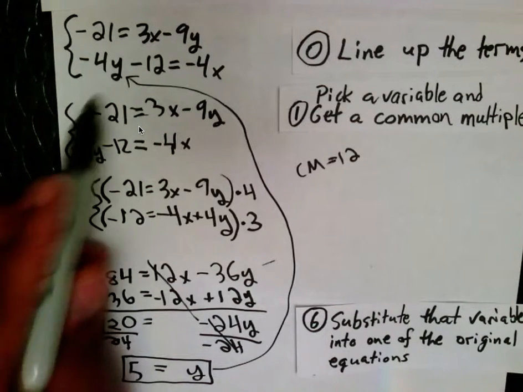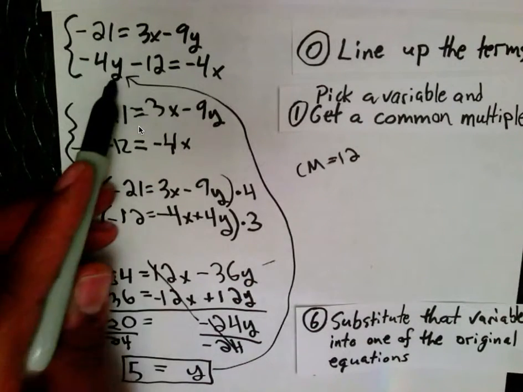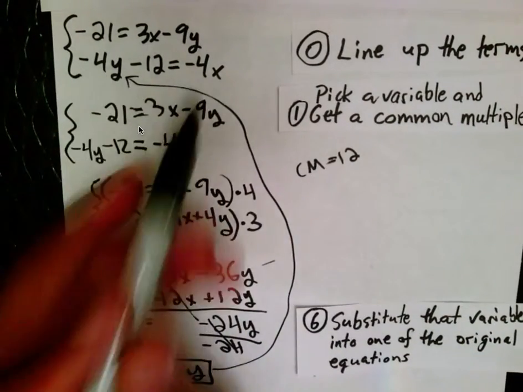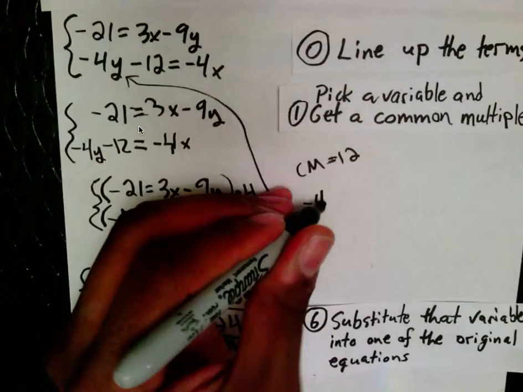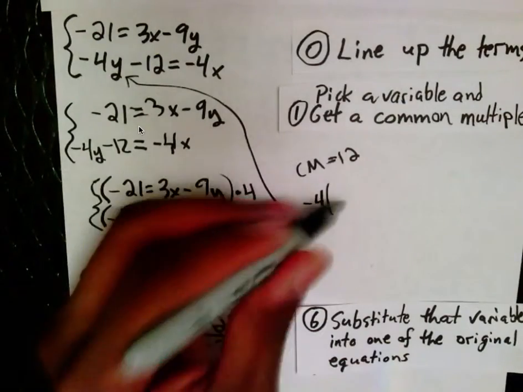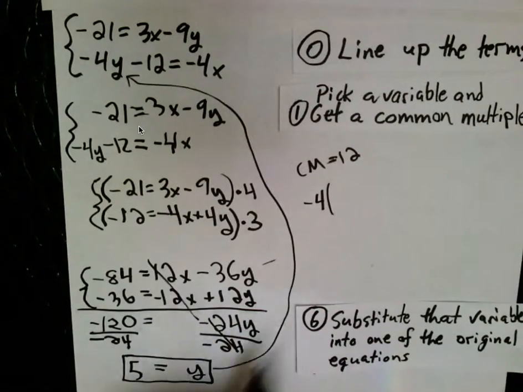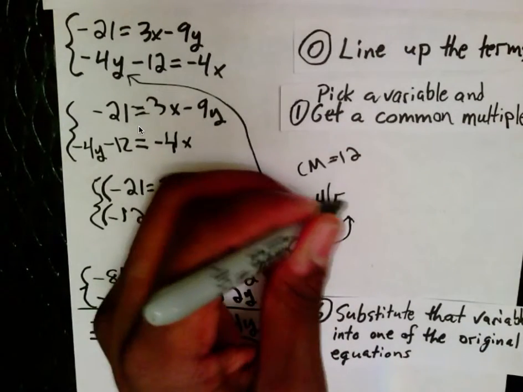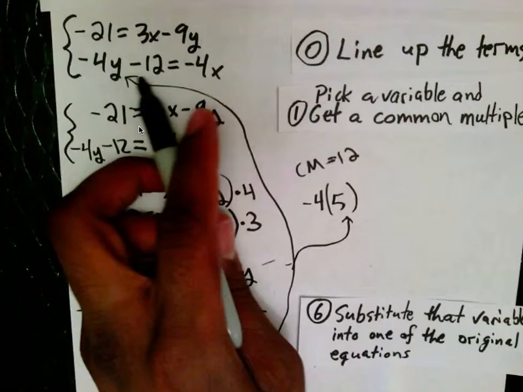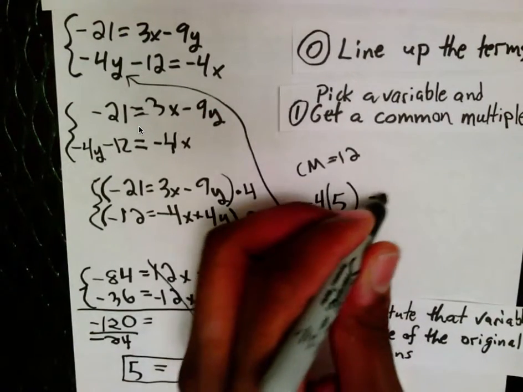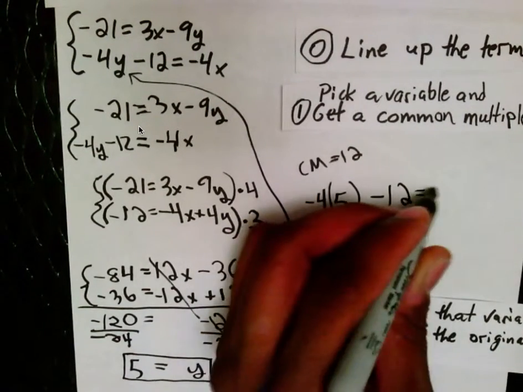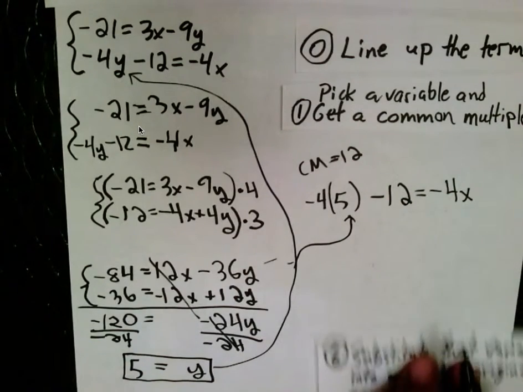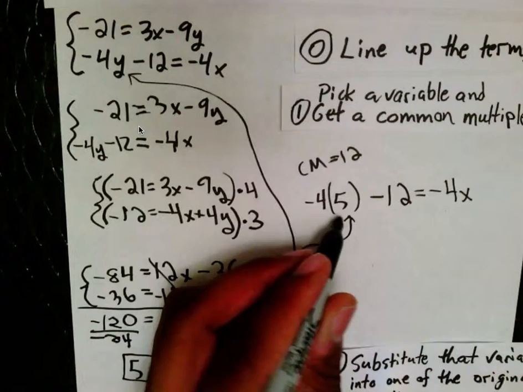So if y equals 5, then as I rewrite this one, negative 4 times, and now remember y equals 5, so that's going to be substituted into there. Negative 4 times 5, then we finish writing it, minus 12 equals negative 4x, and negative 4 times 5 is negative 20.